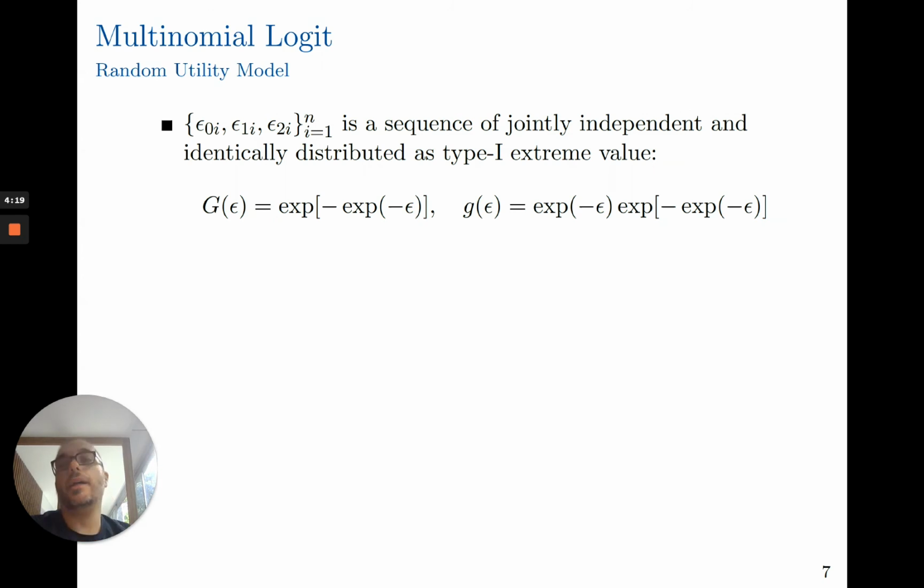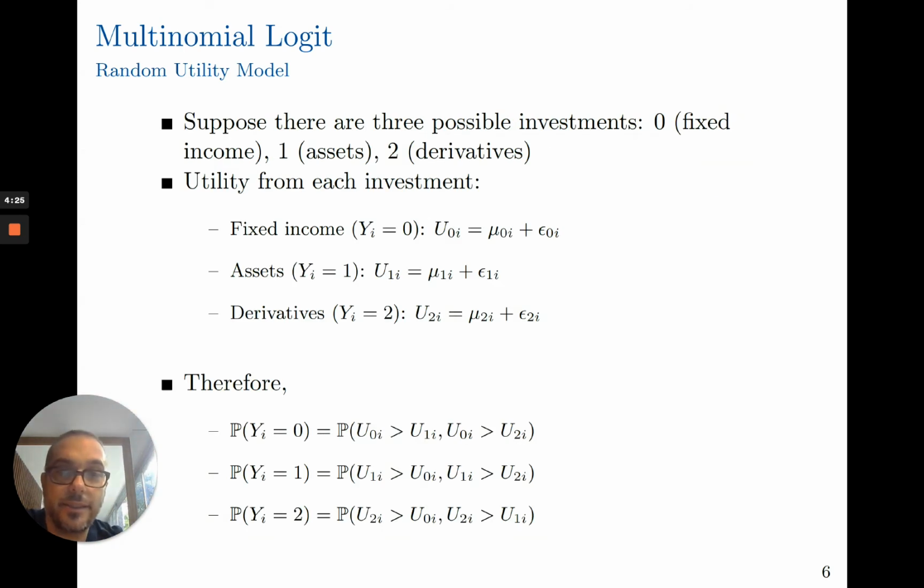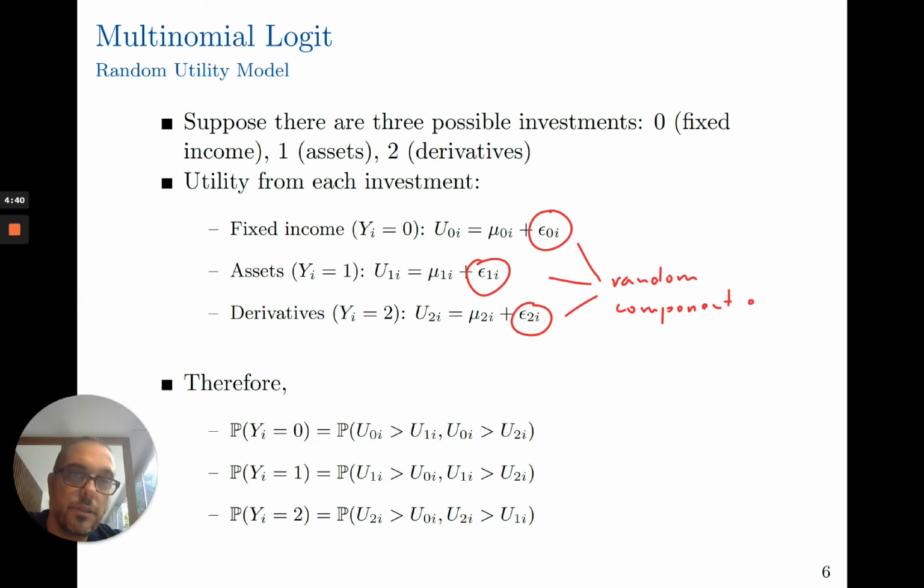So now let's assume that these 3 epsilons are the uncertainty here. This is the uncertainty that we have on our utility, the random component of the model. It's like unobserved effects, or uncertainty in general.